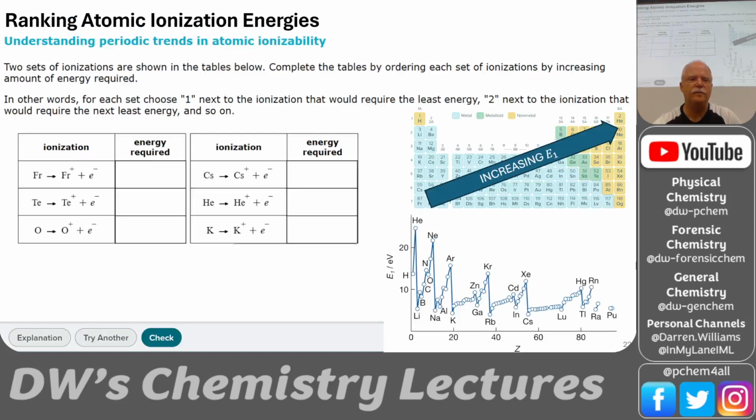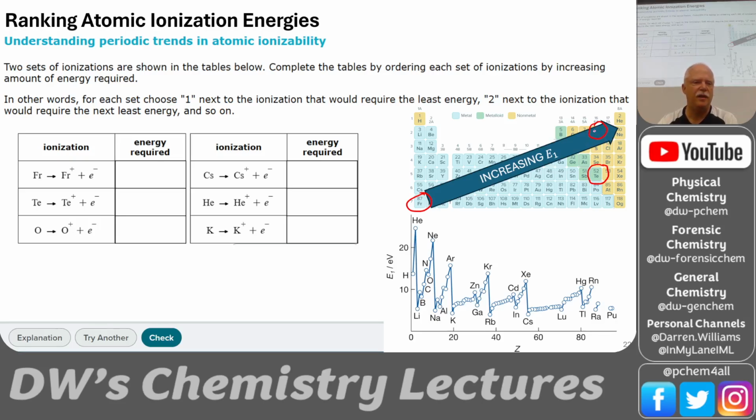Okay, let's do some more. Now we're ranking atomic ionization energies. So here we have francium and tellurium. I'm circling them on the periodic table here, and oxygen. It's right up here, and we know that it increases to the top right side of the periodic table.